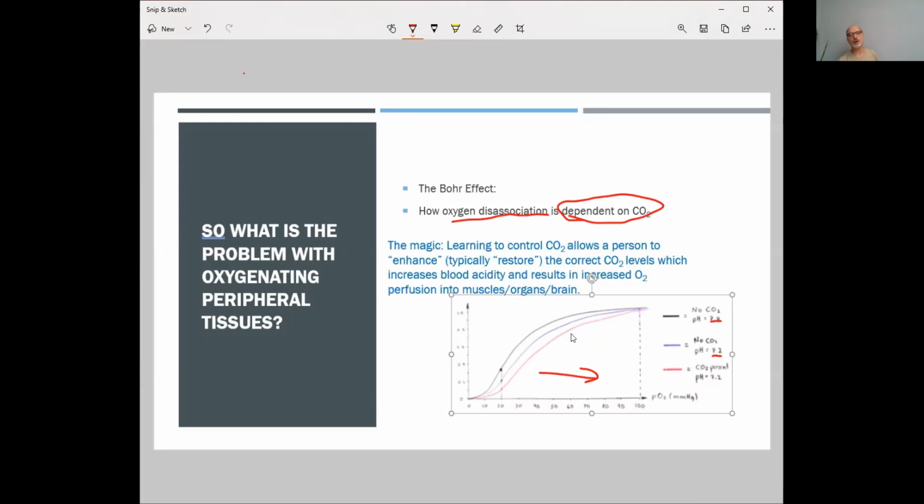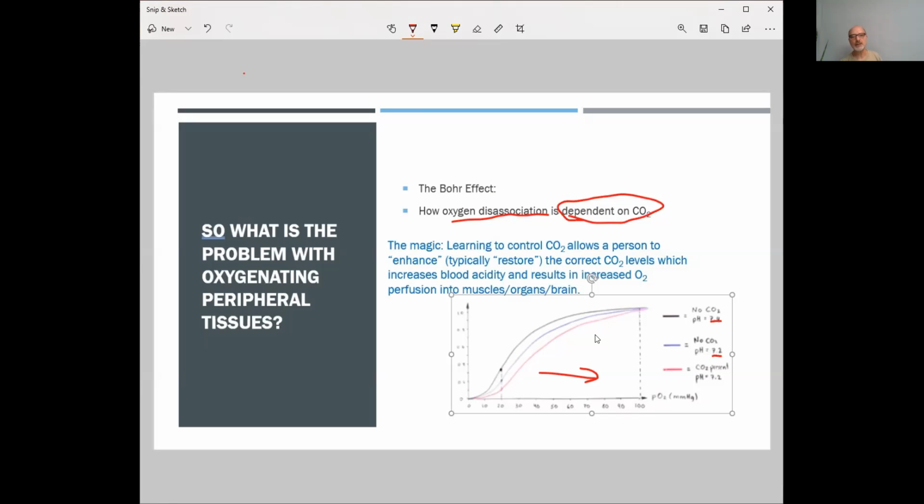So Bohr in 1904 worked out the ideal concentration of acidity, which is somewhat dictated by CO2.